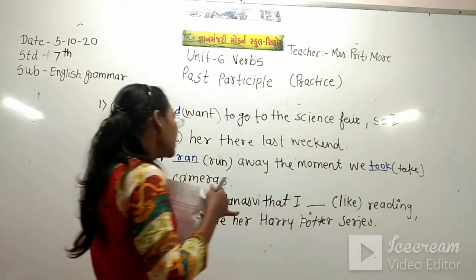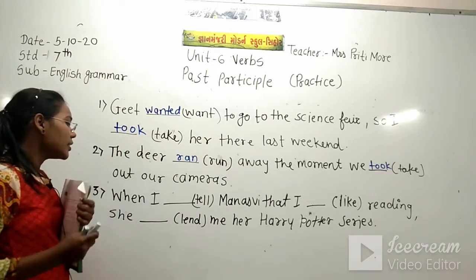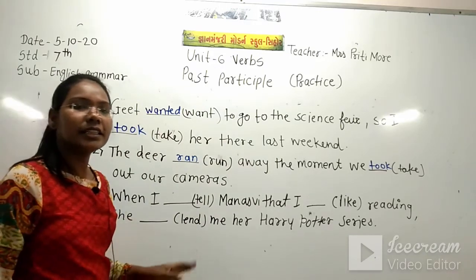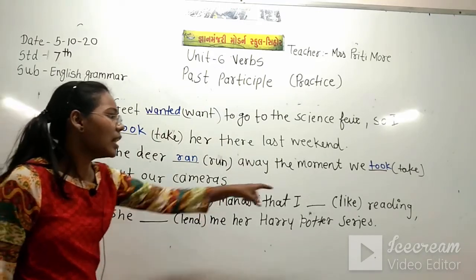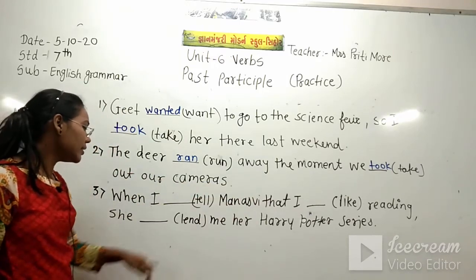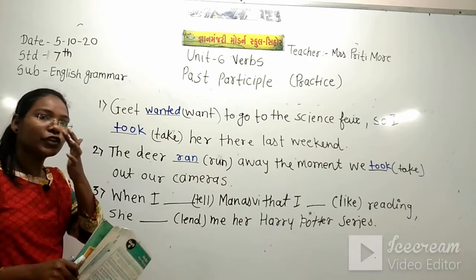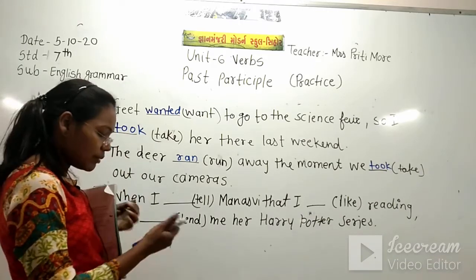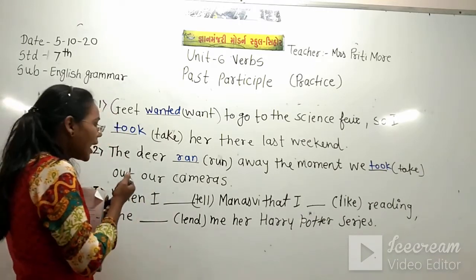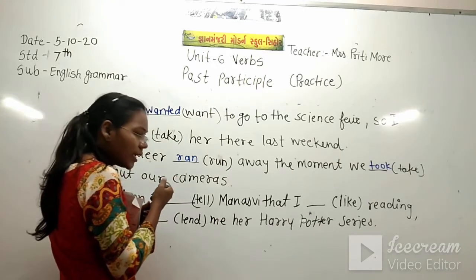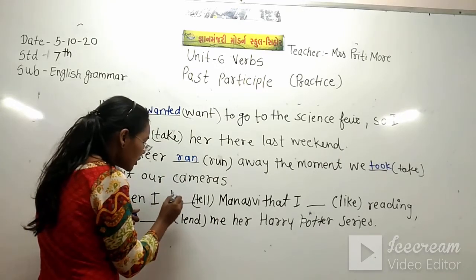Now three verbs are there in the bracket: tell, like and lend. Now we have to write the past form of the given verbs. So which will be there? When I told, tell, told.